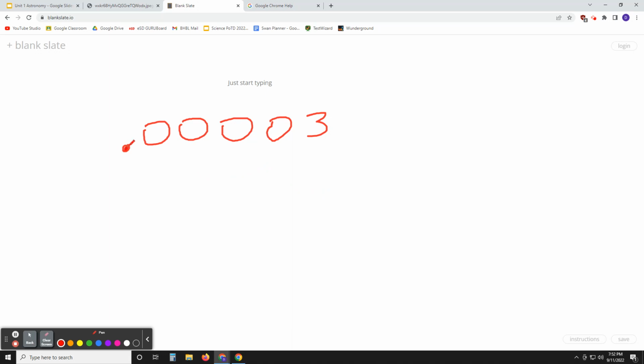This one happens to already be written, but you've got to put it to the right of the first non-zero number that you see, reading from left to right. Then you move the decimal over to do so. 1, 2, 3, 4, 5. So that becomes 3. You can write 3.0 or just 3 if you want, times 10 to the, and I moved it 5 spaces.